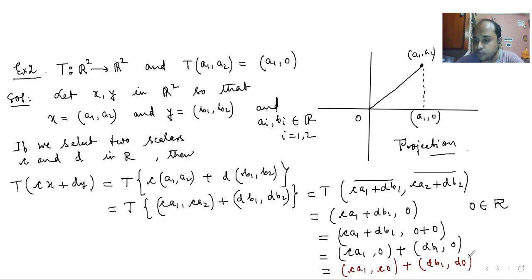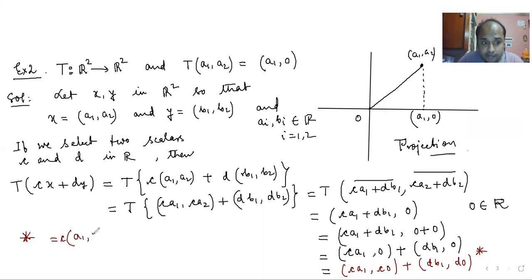We can write it so, because when a scalar quantity is multiplied by the zero scalar quantity, the result is 0. So that becomes Ca1, and I can take C common.